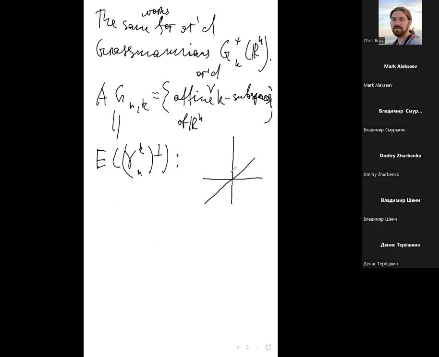So suppose I have a line through the origin, then what are the affine lines with the same underlying vector subspace? Well, these are all translations of the vector line by elements of the orthogonal complement.